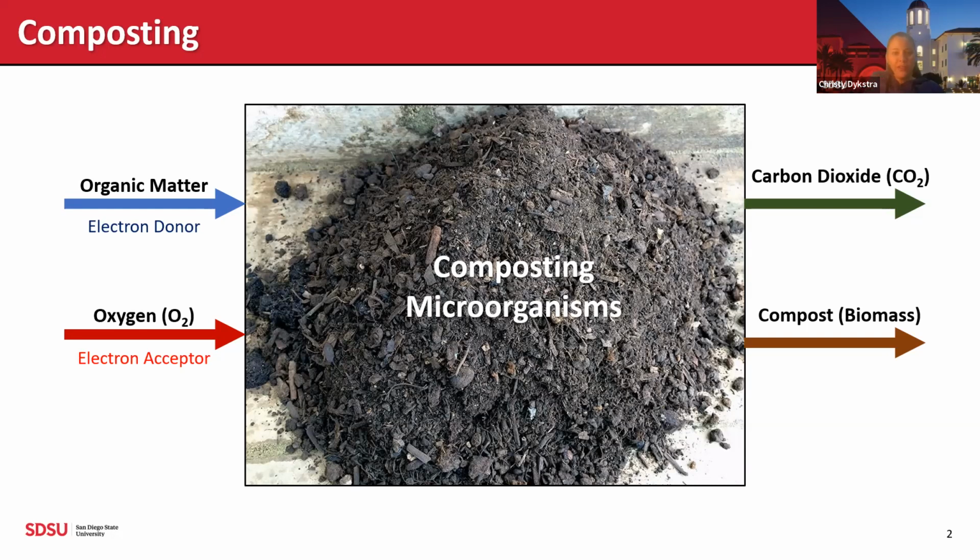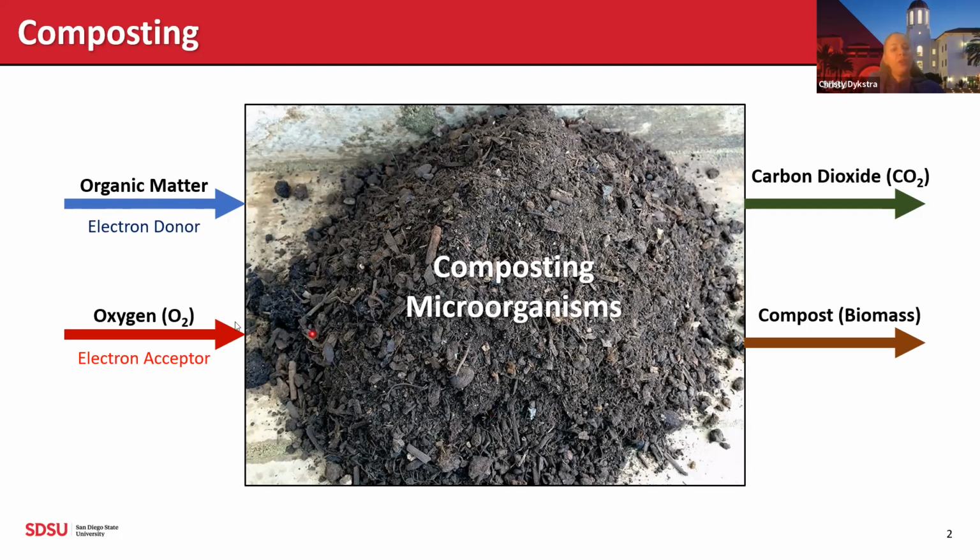So what is happening? This is a microbial-based process where we have organic material. We have this organic matter of some kind that's being supplied to the compost heap. If we think of it in terms of biology or chemistry, this is going to be our electron donor.